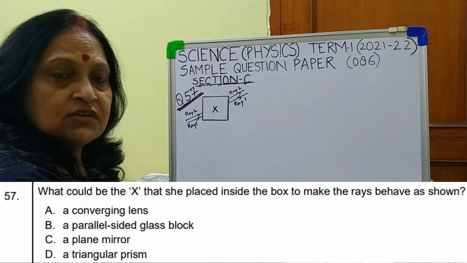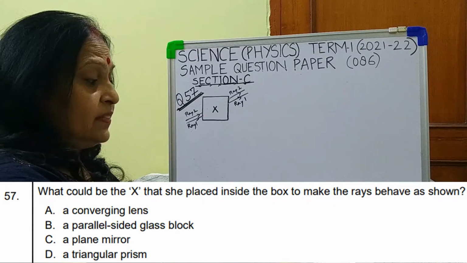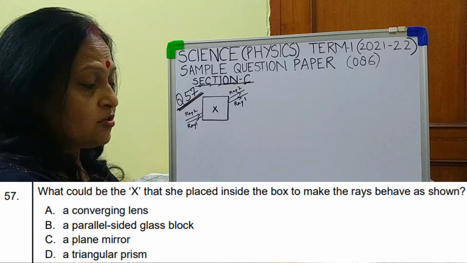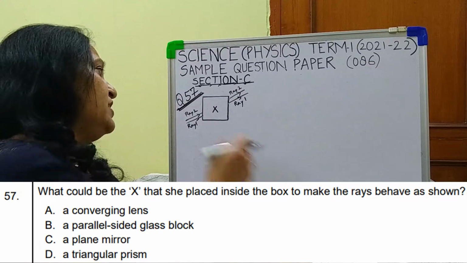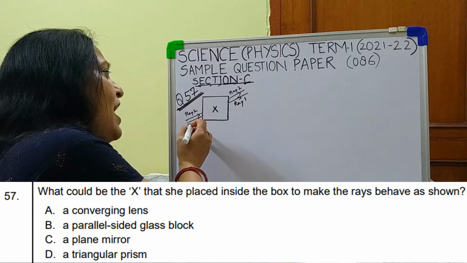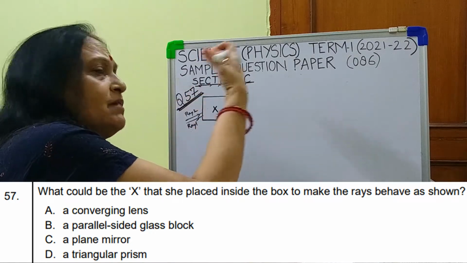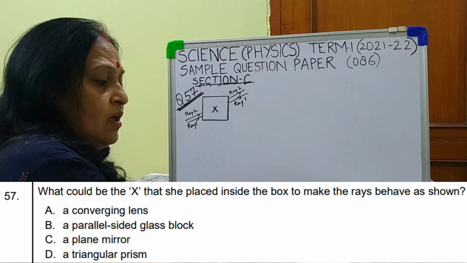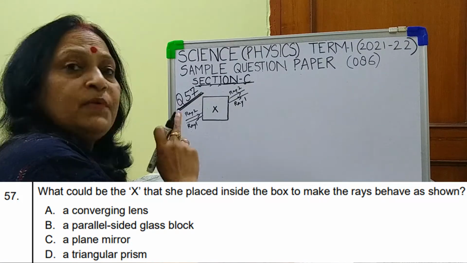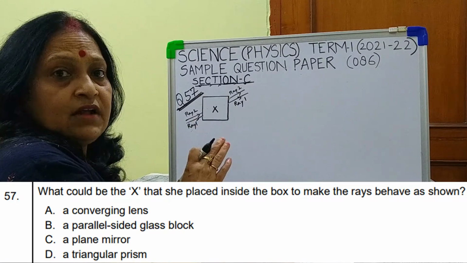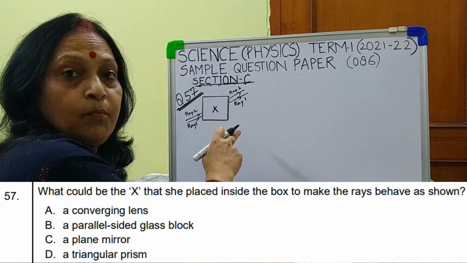So for the first, 57th question, what could be X that she placed inside the box to make the rays behave as shown? As you see, ray 1 is having the same path and ray 2 is also having the same path on the other side of the box. So we can see that option B is the correct answer, a parallel sided glass block.